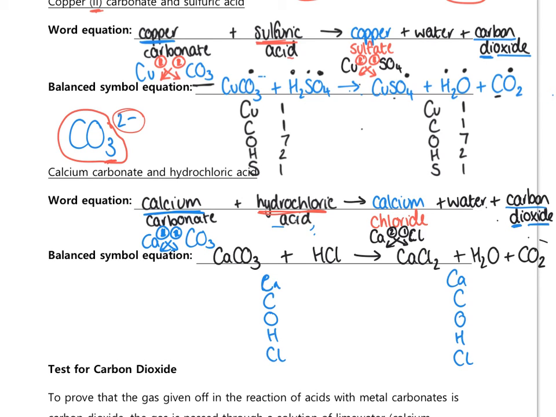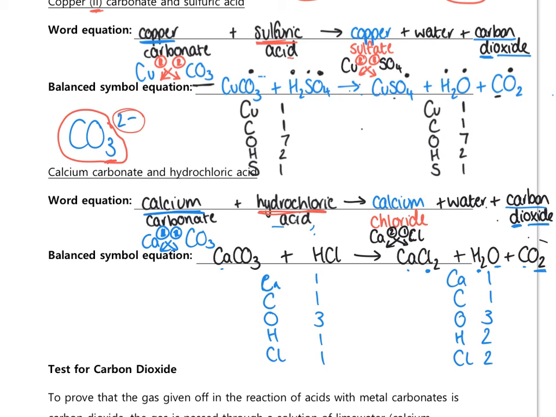Now to count up how many of each I have. I have 1 calcium, 1 carbon, 3 oxygens, 1 hydrogen and 1 chlorine. On the right hand side I have 1 calcium, I have 1 carbon, I have 1 plus my 2 oxygens, which is 3, and I have 2 hydrogens, and I have 2 chlorines.